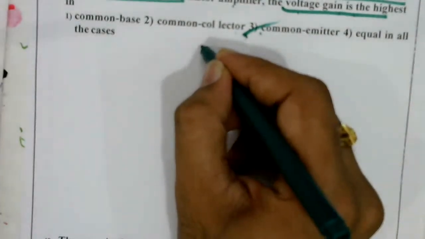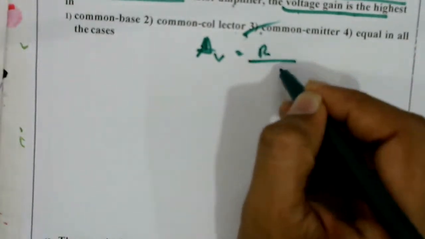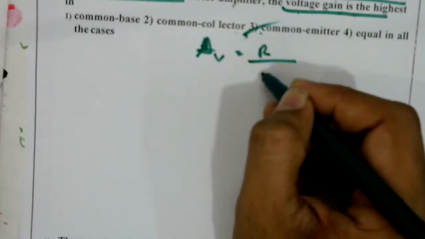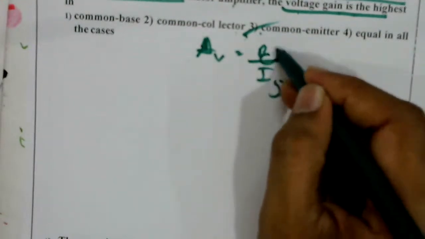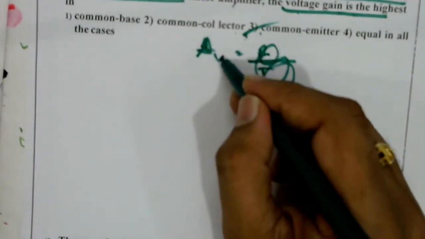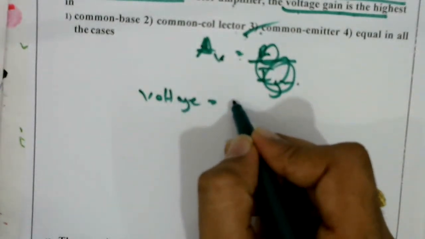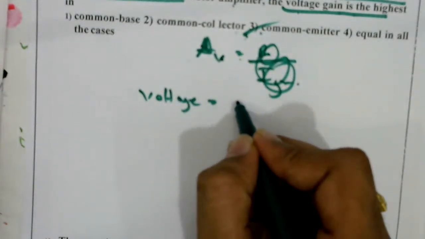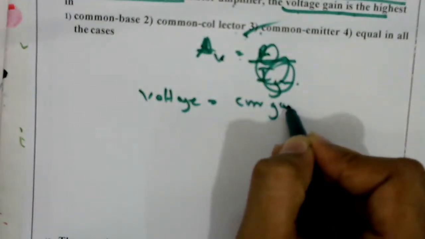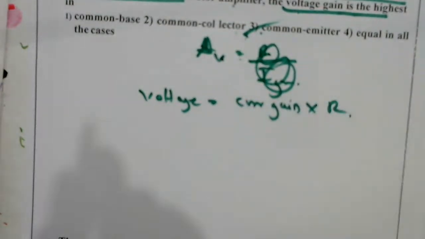Voltage gain is equal to current gain into resistance.